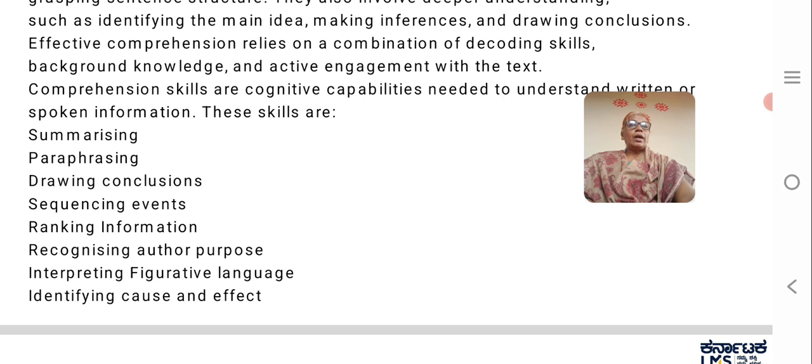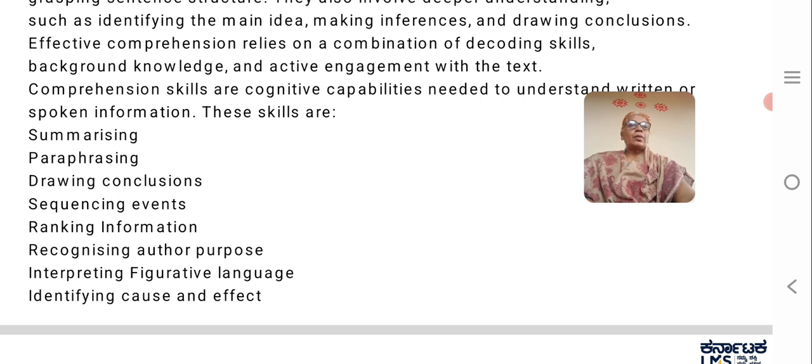In order to learn all these skills, we should have an idea of key aspects of basic comprehension skills. Decoding is one such. Decoding is the ability to translate written words into spoken language and understand their individual meanings.